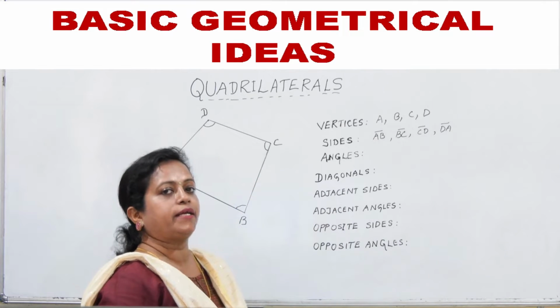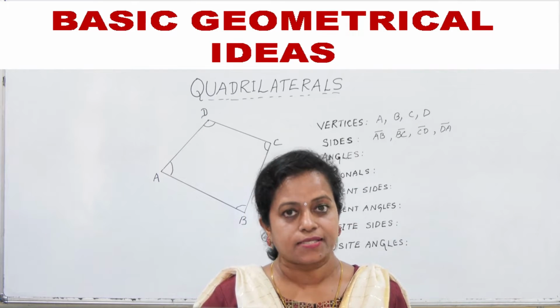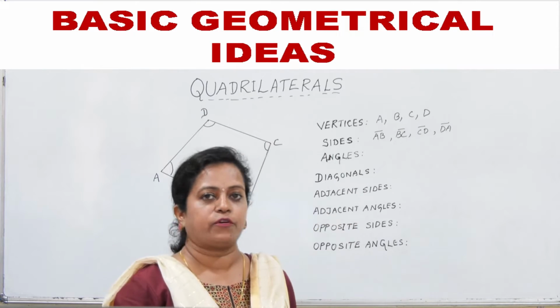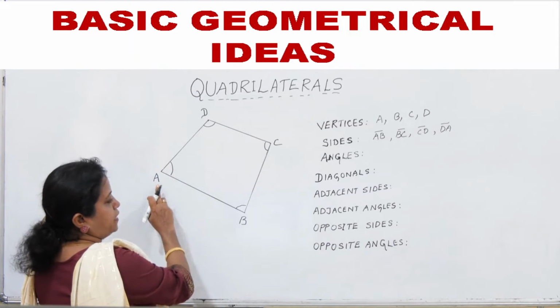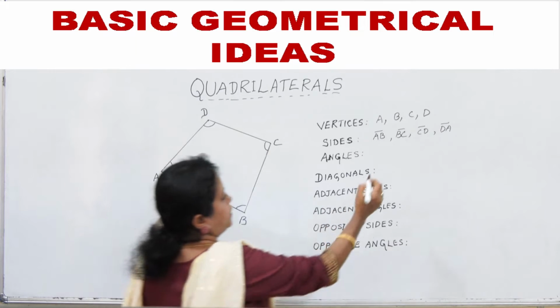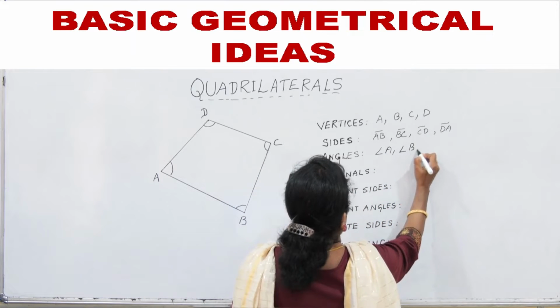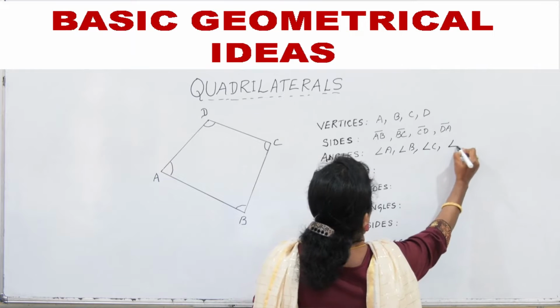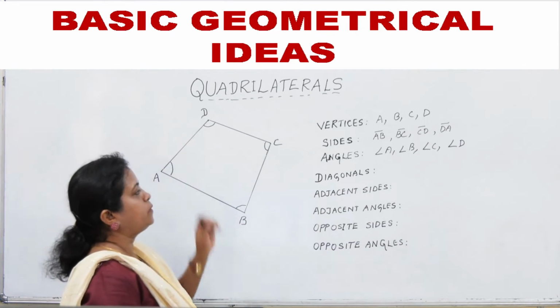And remember, we learned about the naming of the angle. We can either name them by using the vertex or we can use 3 alphabets by putting the vertex at the center. So because here they are specific angles, we can name them as angle A, angle B, angle C and angle D. So, the 4 angles we have named.